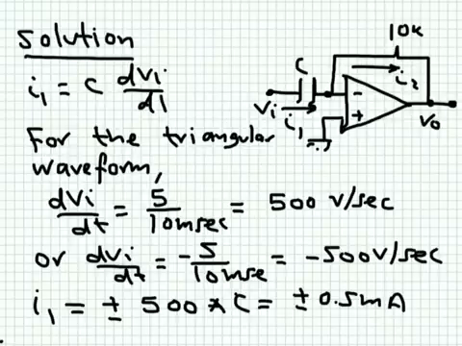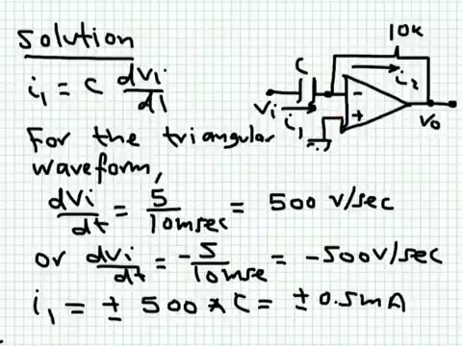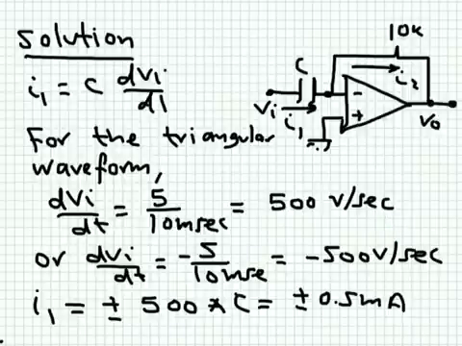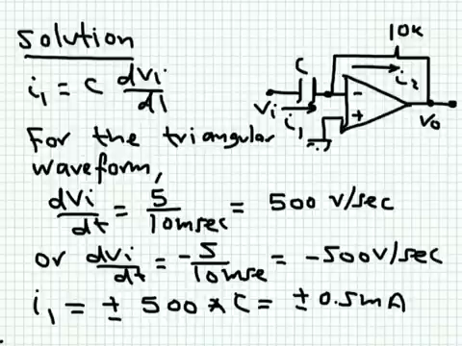So we apply this equation. The current I1, which is the capacitor current, is C dV by dt. From the triangular waveform, I have 5 divided by 10 milliseconds, so the slope is 500 volts per second, and of course I have to take into account the negative sign here. So the slope is either 500 volts per second or minus 500 volts per second, depending on what part of the waveform I am in.